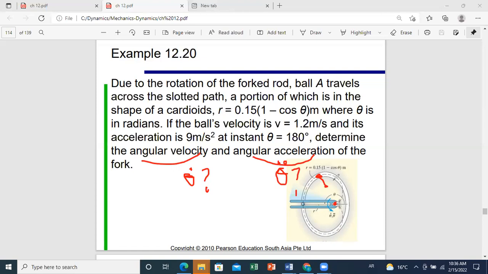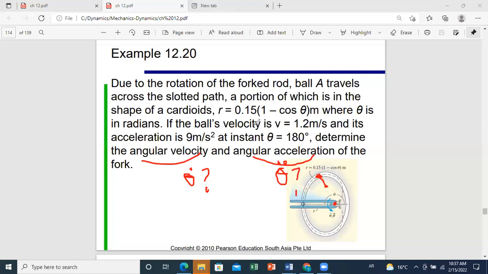You can convert this equation to x as a function of y and use the formula of rho. But the idea is that it's not straightforward to use n-t. You should work with u_r, u_theta.